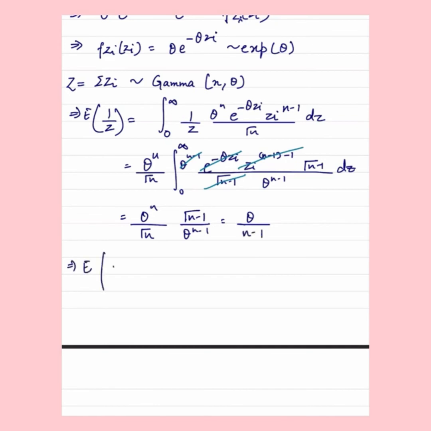So, expected value of 1 upon z equals to theta upon n minus 1. Hence, n minus 1 upon z is an unbiased estimator of theta.